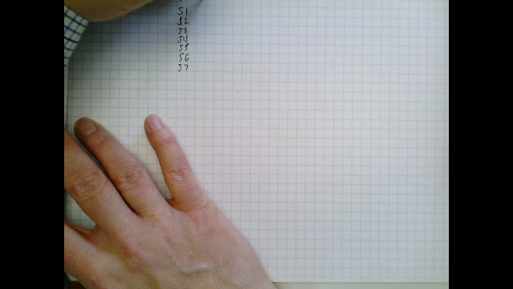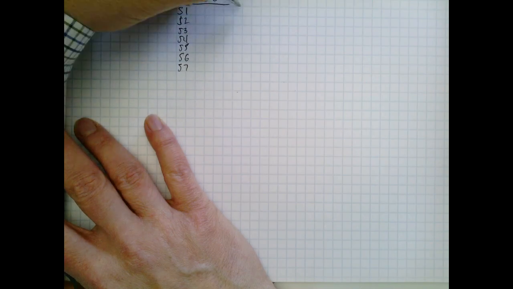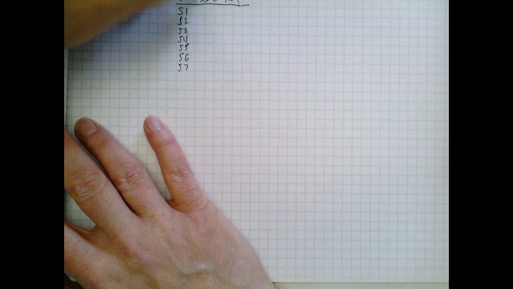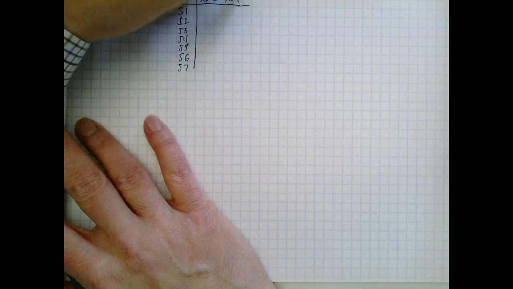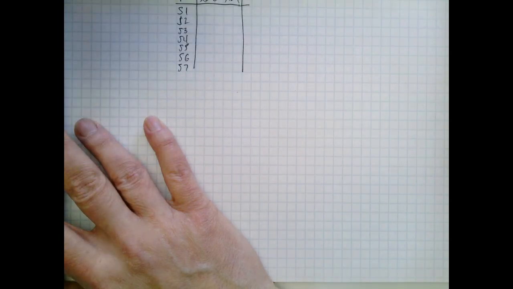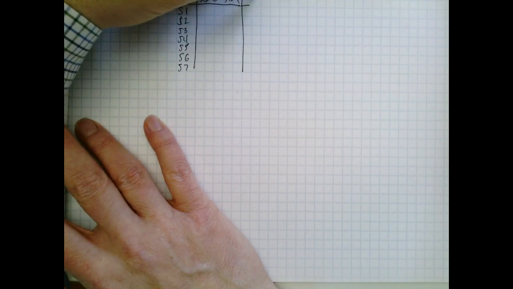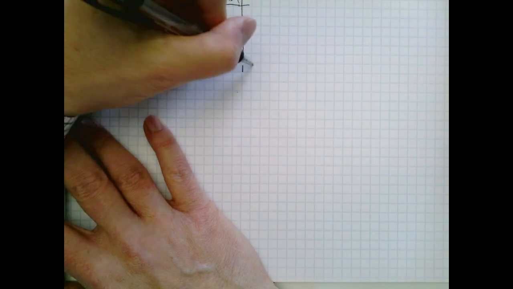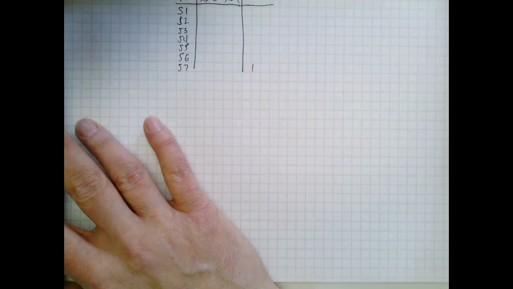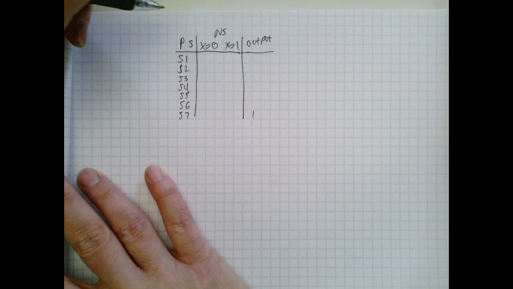Next state for x equal 0 or x equal 1, and the output is a 1. There.